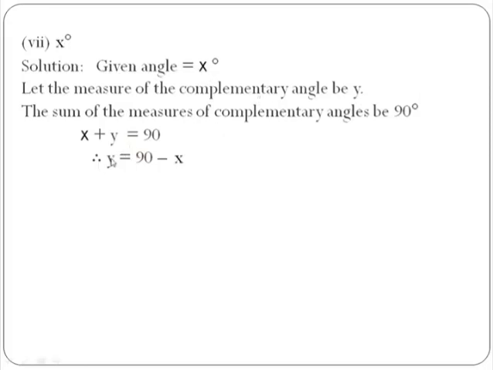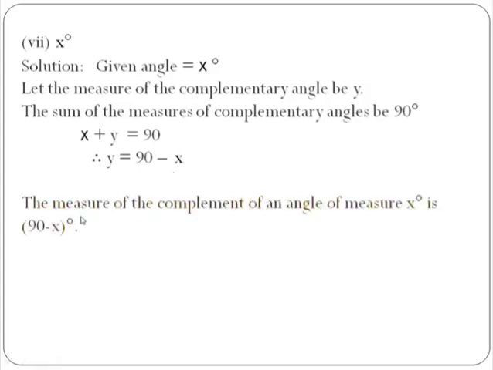So here you will shift x to the other side. y will remain on the left hand side because we are considering y as the complementary angle of x. So you will get y is equal to 90 minus x. So 90 minus x degrees is the measure of the complement of x degrees.